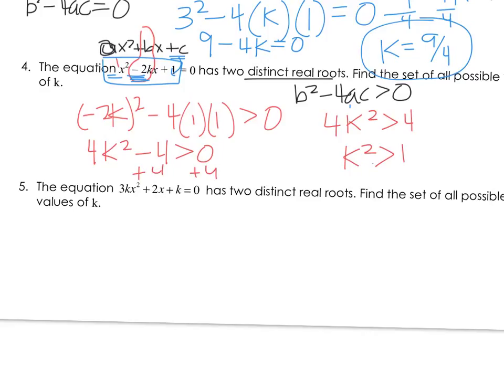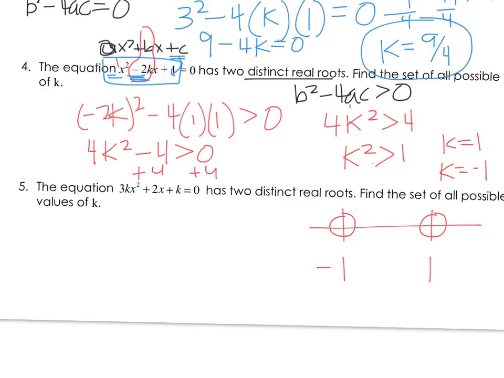K can be 1, or k can be negative 1. We have an inequality, so we have to think about our number line, and we have to test points to figure out where these solutions would hold true. It cannot be equal to 1 or negative 1, so we have an open circle there.